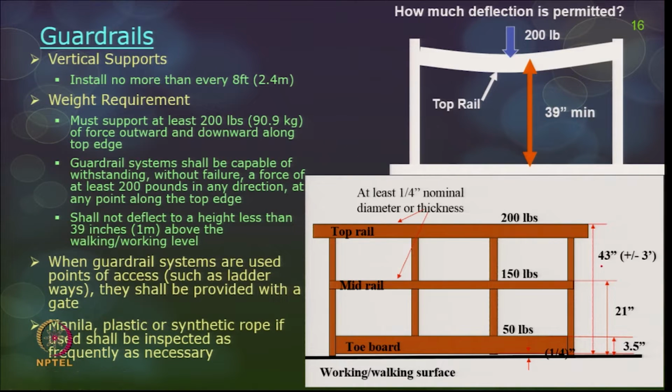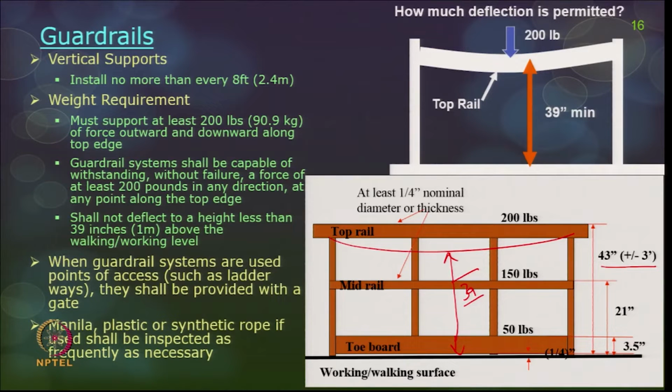So, if this is 43 plus or minus 3, this deflection can go only till here. So, this deflection is mentioned as 39. It cannot go below that. If that is the case, then these rails have to be inspected and accordingly braced for use.